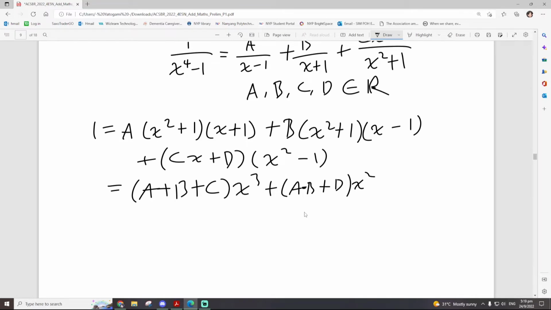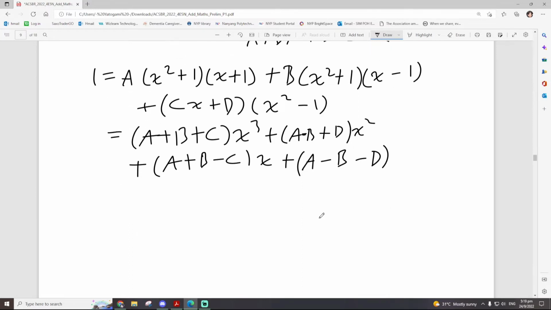This one is a plus b minus c x, and then compare constants, you will get a minus b minus d. Okay?